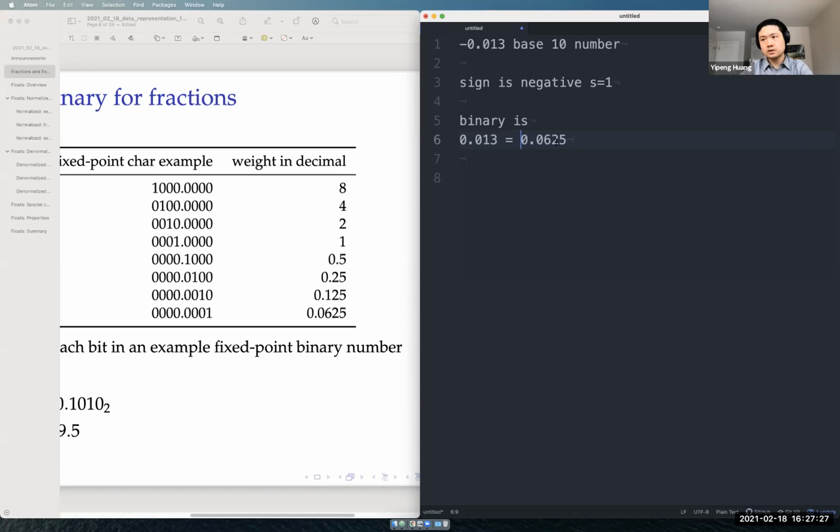Bernice and Victor say no, too big. So we go to the next digit down, which is 0.3125. Still too big.